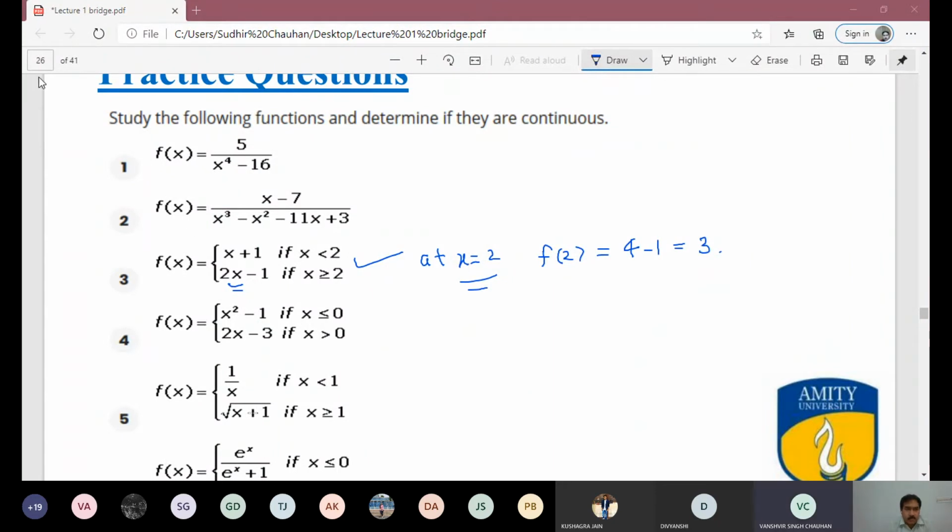It is continuous. The fourth one is not continuous. Third one is continuous. Okay, third is continuous. Yes, sir. What about question number 4? Not continuous.